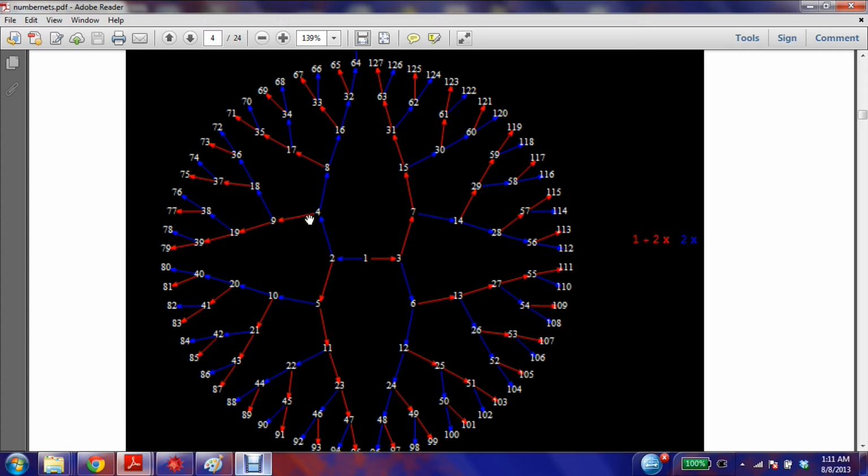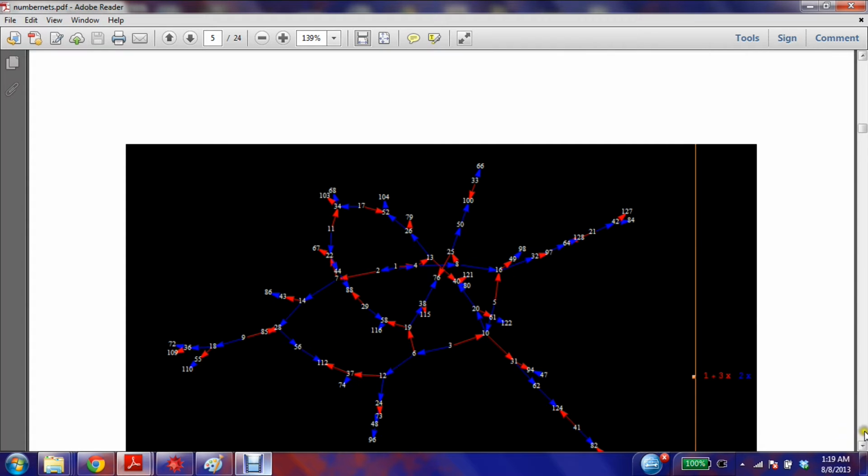The next ring would contain the numbers which are the next closest, which would be 4, 5, 6 and 7. And the next ring would contain the numbers which would be 8, 9, 10, 11, 12, 13, 14, 15.